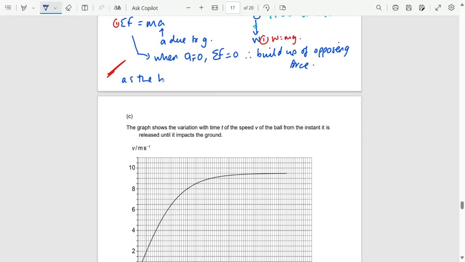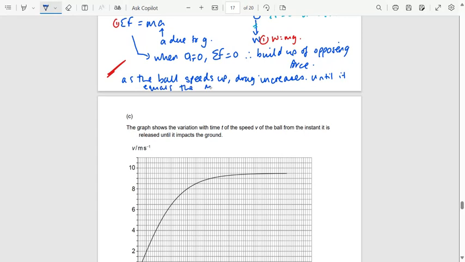As the ball speeds up, drag increases. So as the velocity increases, drag increases, until it equals the magnitude of the weight.